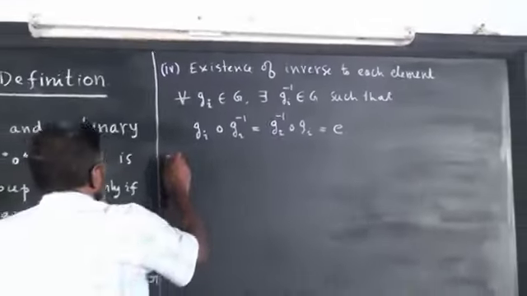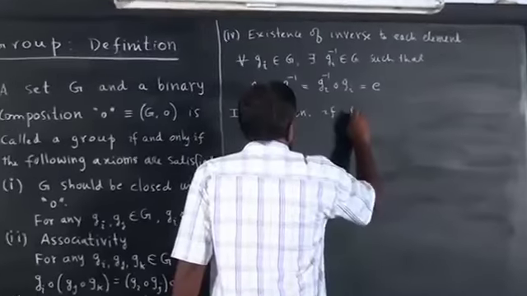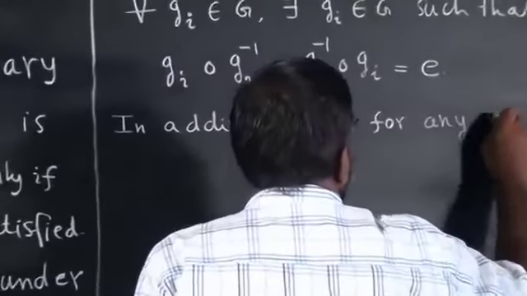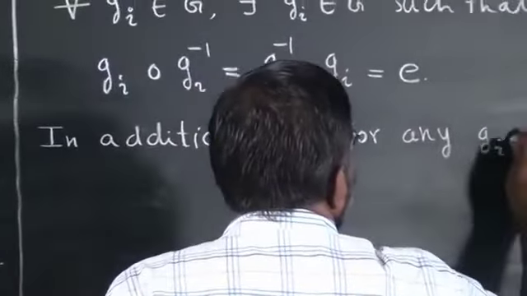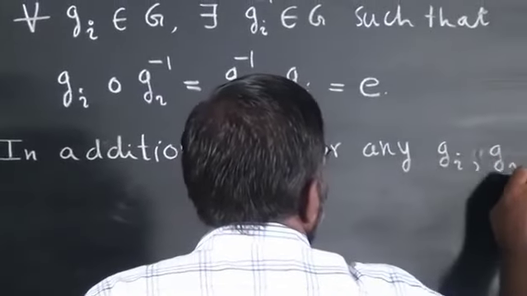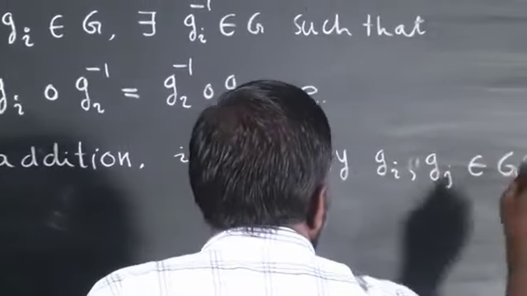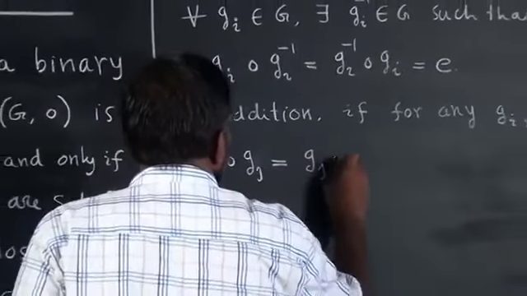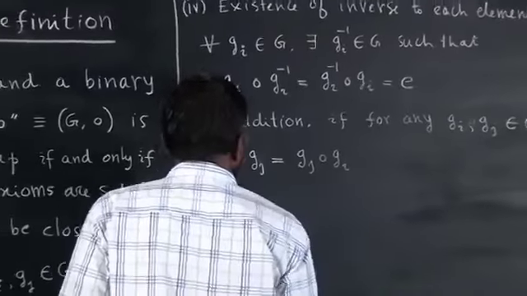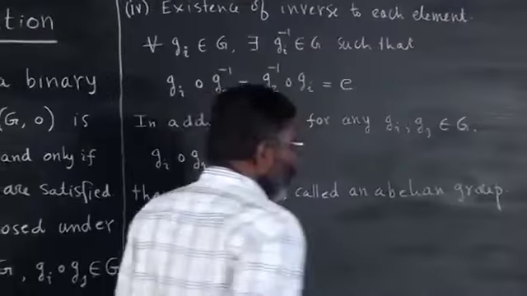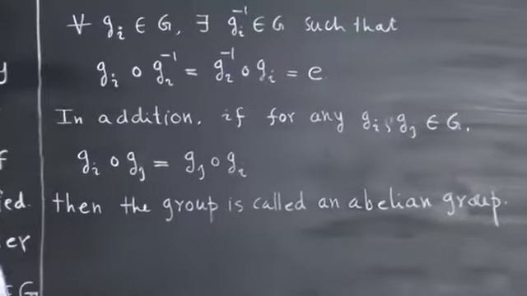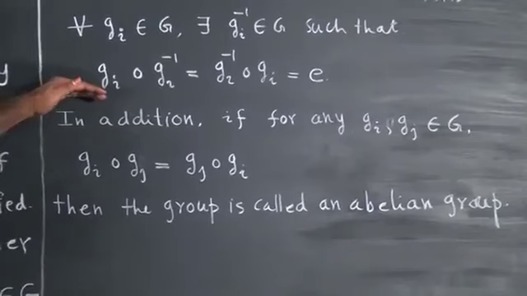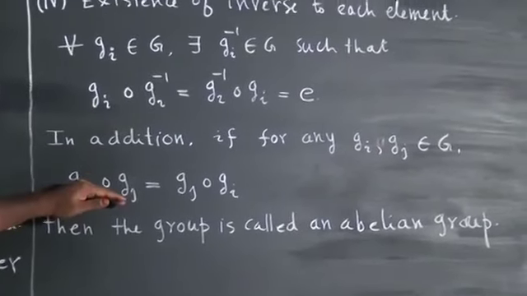In addition, if for any Gi, Gj belonging to G, Gi composed with Gj equals Gj composed with Gi, then the group is called an abelian group. So if you have axioms 1 to 4, it is a group. If you have this also, it is an abelian group.